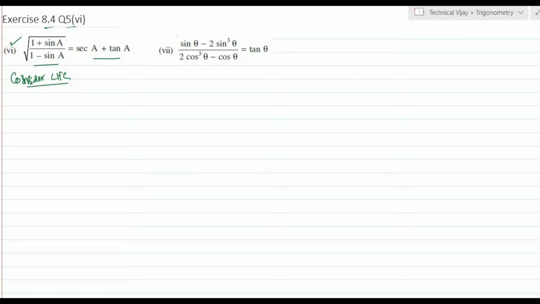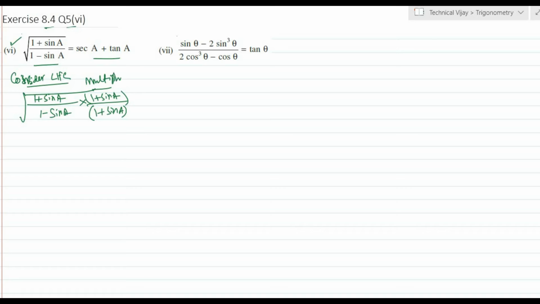Here, square root of (1 plus sin A) divided by (1 minus sin A). Here we can rationalize.